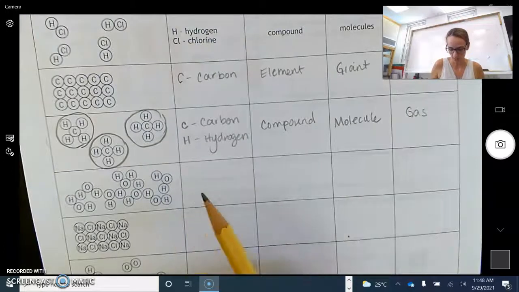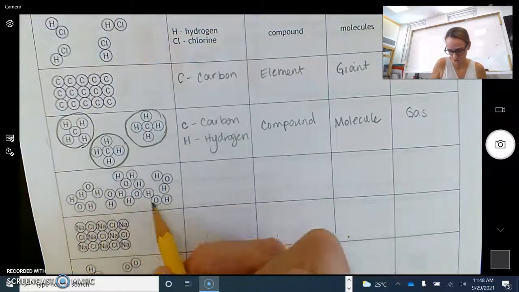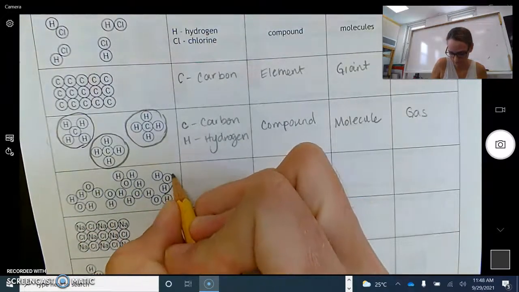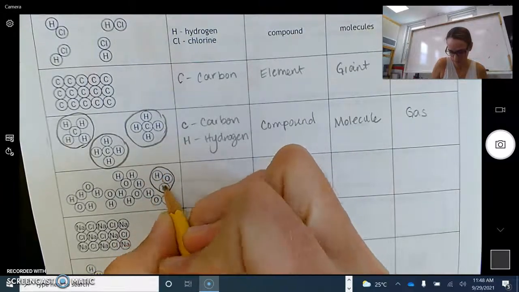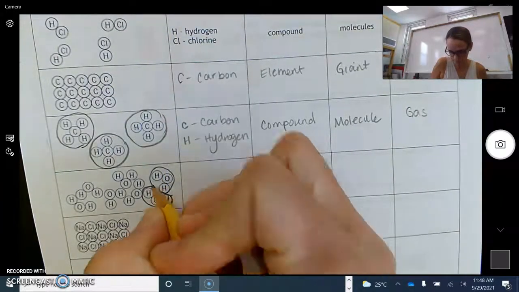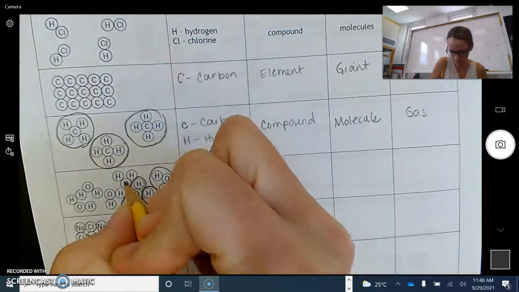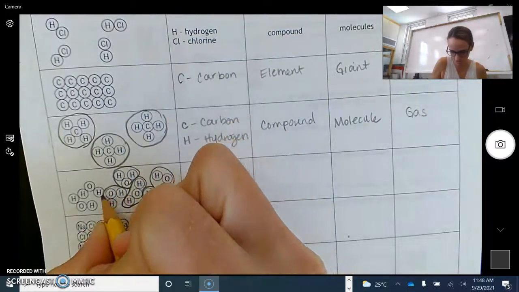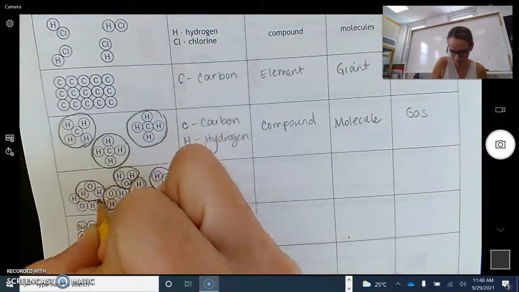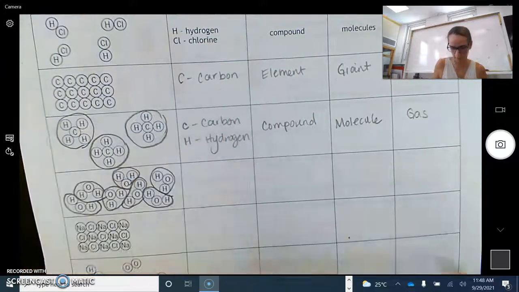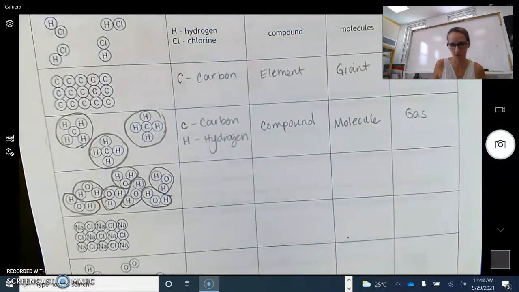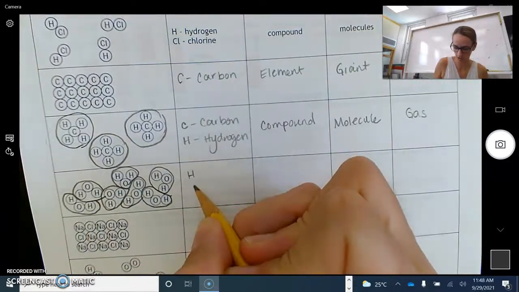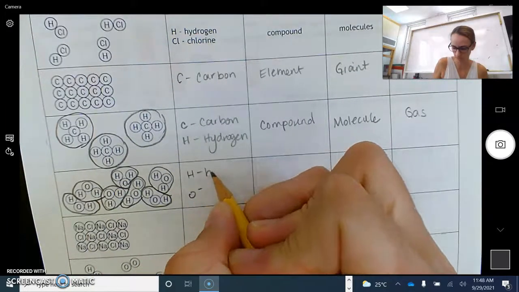The next one, again, this one confuses students because they think of this as giant, but it's actually not. That's an O with 2 H's, and there's another one, and there's another one, and another one. So what you can see here is these are actually molecules that are just touching. And I've circled all the individual molecules. So we've got H and O, hydrogen and oxygen.